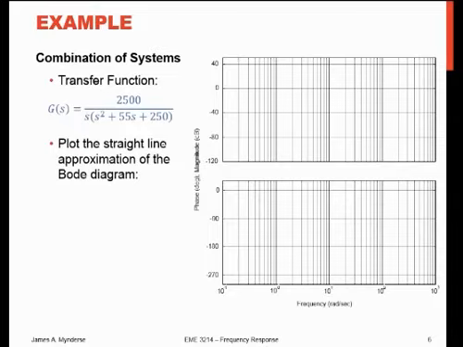I can factor this out to be G of j omega equals 2500 over j omega times j omega plus 5, and j omega plus 250.